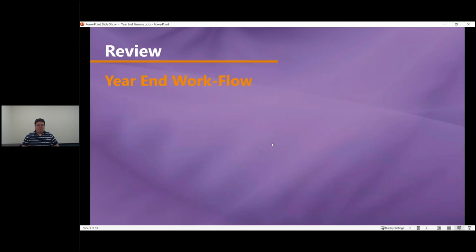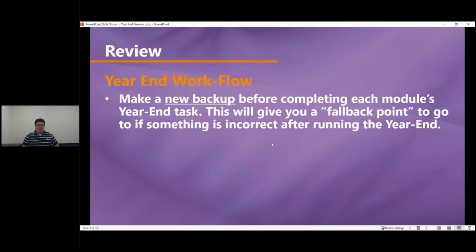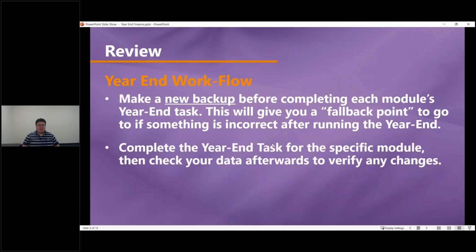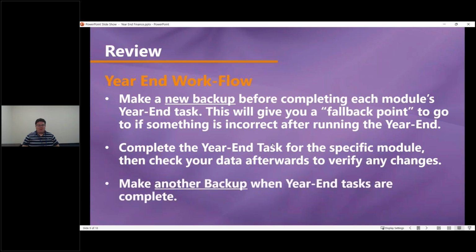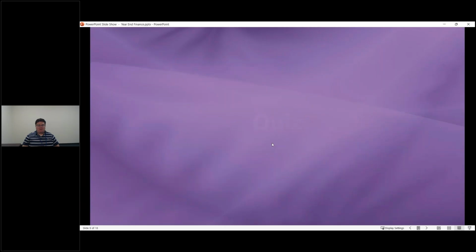For the year-end workflow, make a new backup before completing each module's year-end task. This will give you a fallback point to go to if something is incorrect after running the year-end. Complete the year-end task for the specific module, then check your data afterwards to verify any changes. Make another backup when year-end tasks are complete.